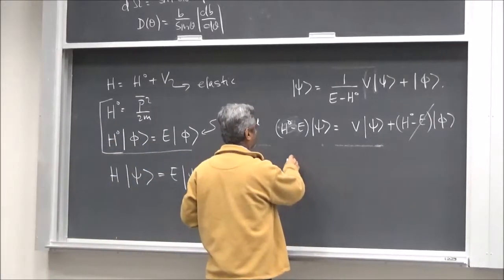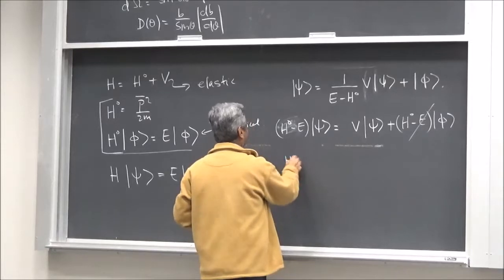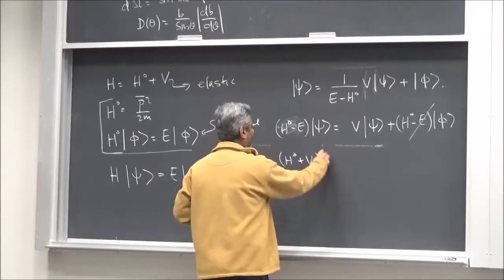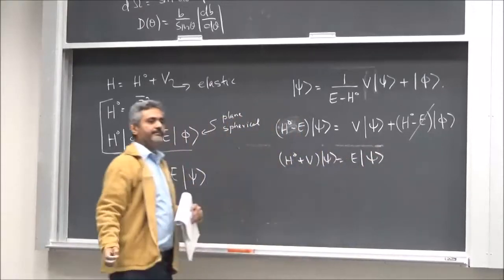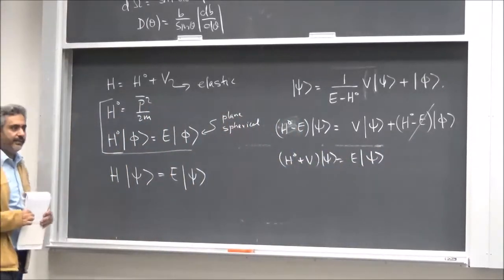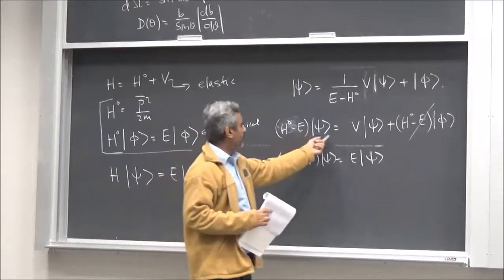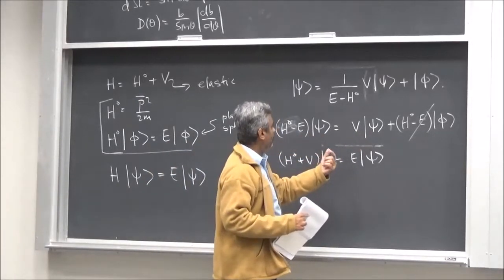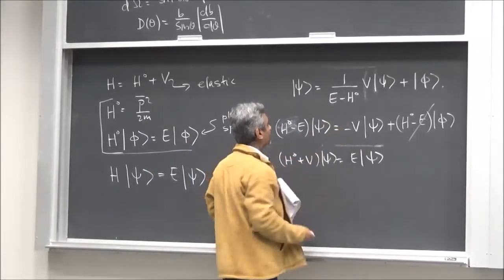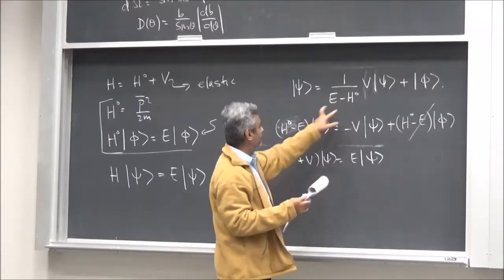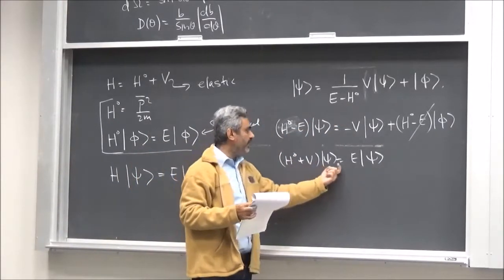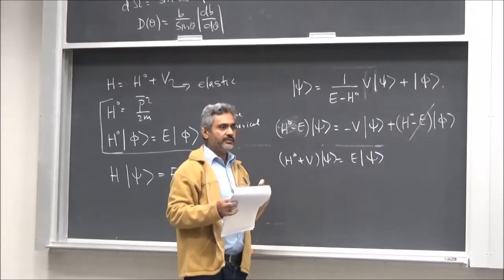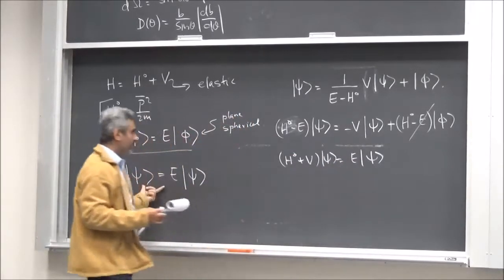Then this thing, oh yes of course, H naught plus V of psi is equal to E psi. Sorry, here there is a minus, this is E minus H naught, H naught minus E, okay? So this will become H naught plus V psi equal to E psi, which is just the equation that you were trying to solve.